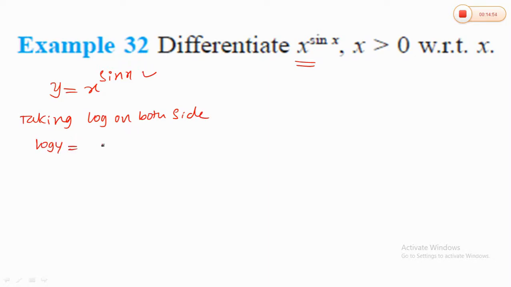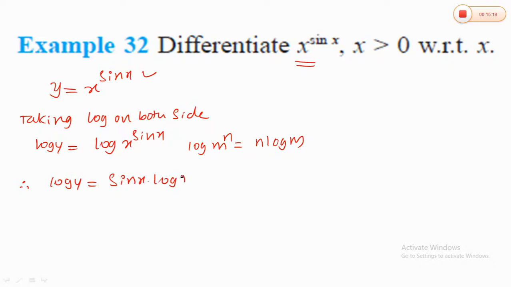Log y equal to log of x raised to sin x. Again apply the property: log m raised to n equals n log m. Here n equals sin x, m equals x. So log y equals sin x log x.